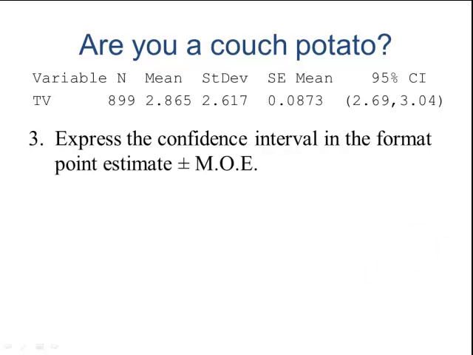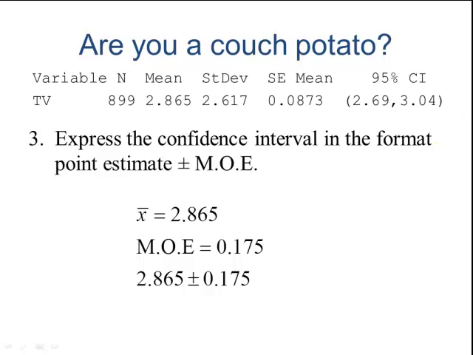Number 3, express the confidence interval in the format point estimate plus or minus margin of error. From problem number 1, we know that our point estimate x bar is 2.865. From the last problem, our margin of error was 0.175.